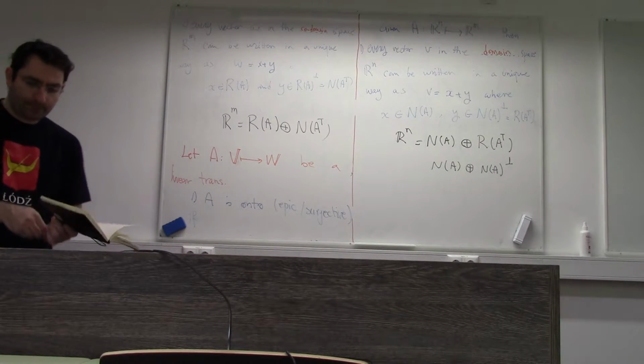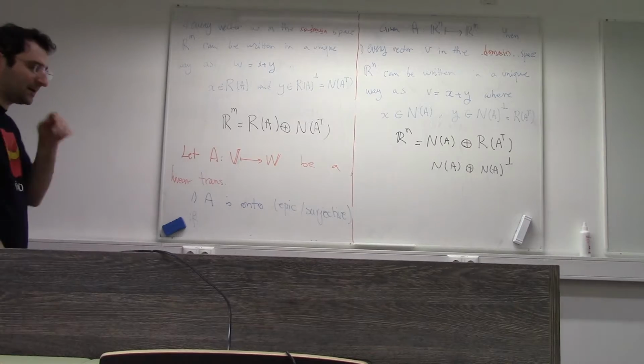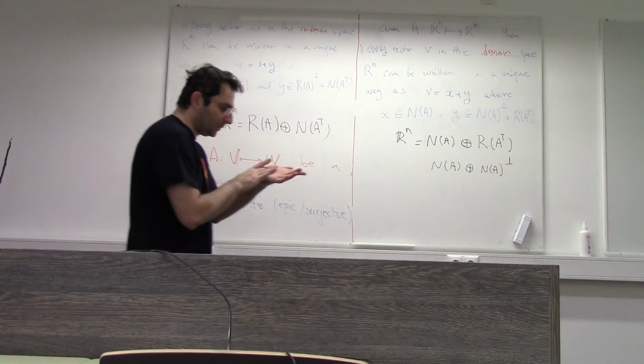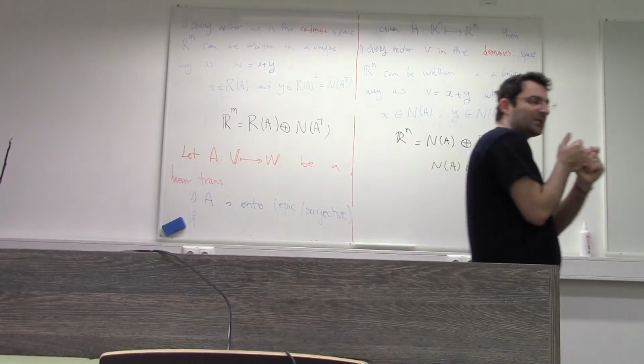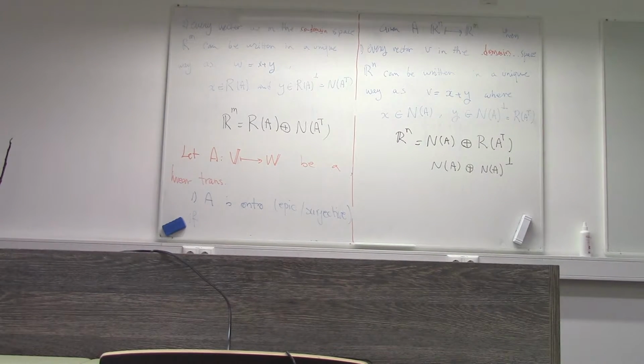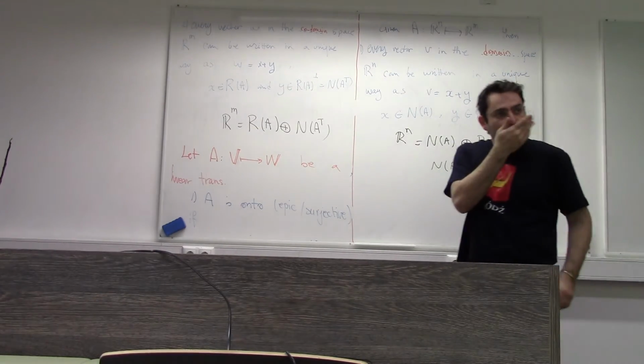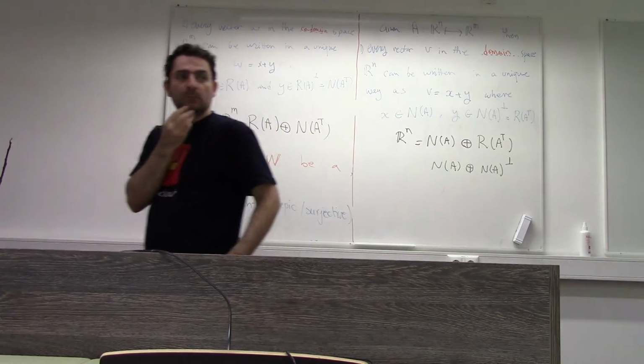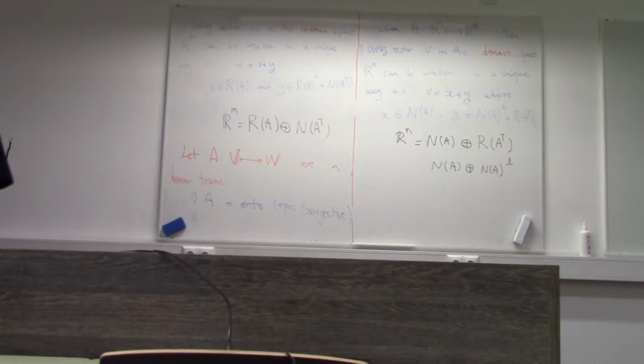Now, before I write what is the condition, let's get back to, again, calculus 1 or even high school mathematics. And let's remember, what is onto? Mapping from one space to the other one.